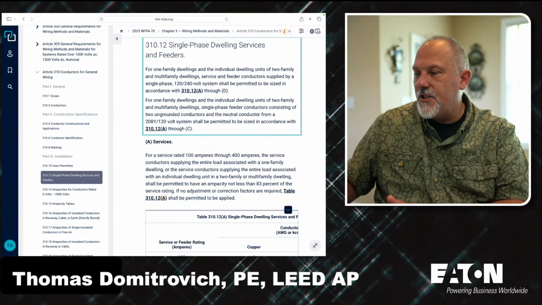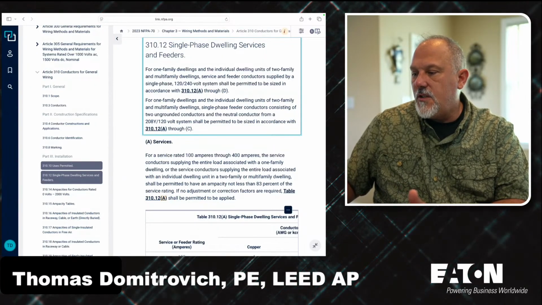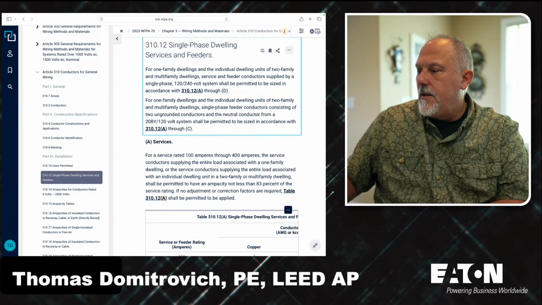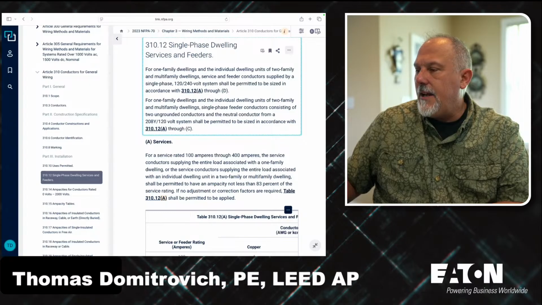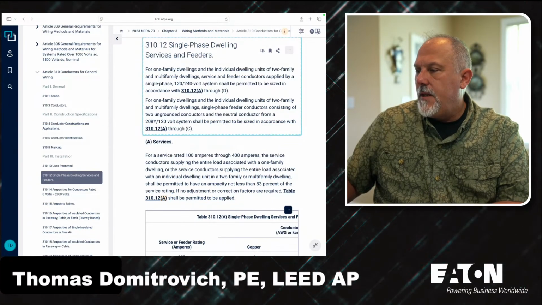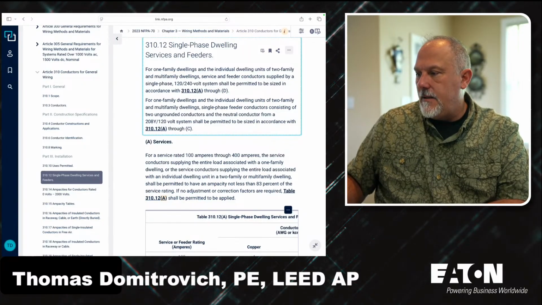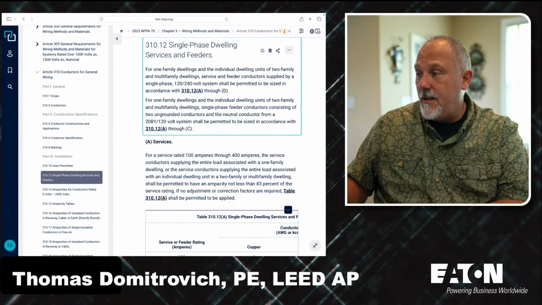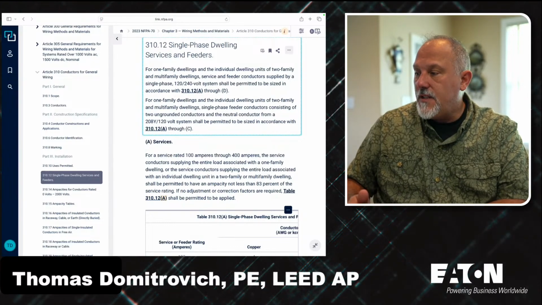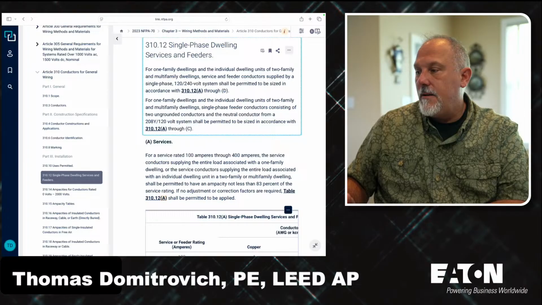This is conductors for general use. This is uses permitted, and then it says single-phase dwelling services and feeders. Service and feeder conductors supplied by a single phase shall be permitted to be sized in accordance with. So it talks about the sizing and the protection of service and feeder conductors.